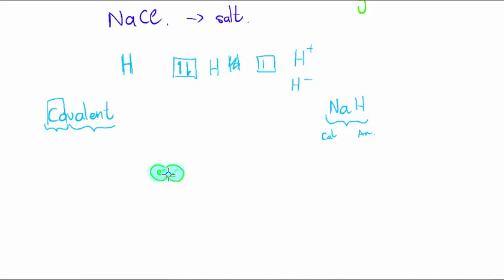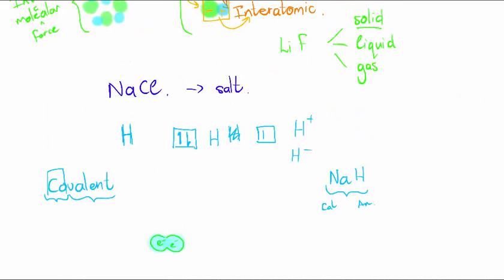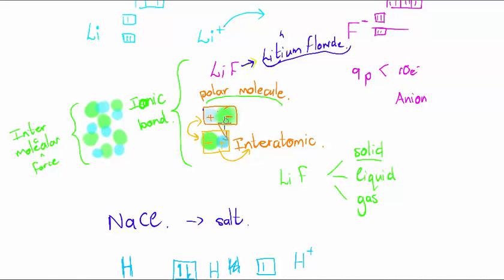Is this molecule at any point positive or negative in charge? In other words, remember here, it was polar. At all times, one side is positive, the other side is negative.